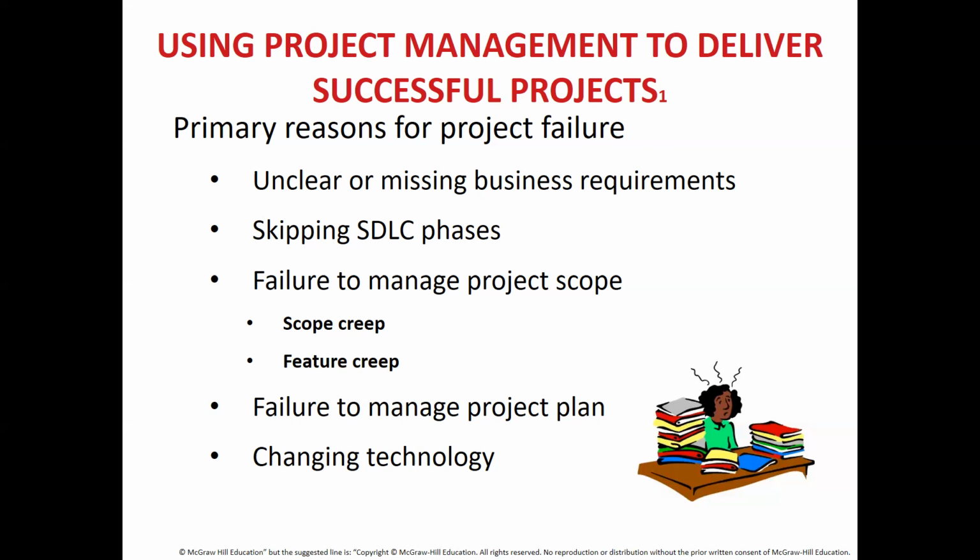Failure to manage project scope. Scope is all the things that are supposed to be there within a project. Scope creep is when the objectives of the project increase while the project is in the development phase. For example, you are supposed to develop a website. Halfway down the line, the business owner tells you, how about this?